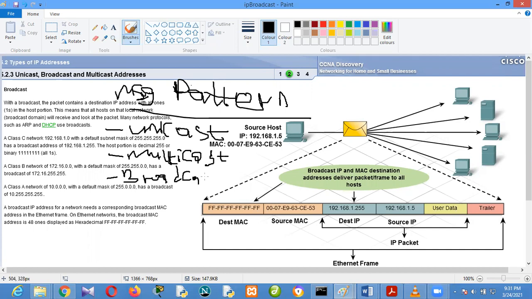So these are the three message patterns that we have.